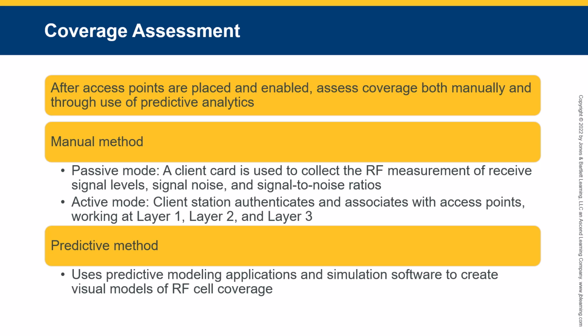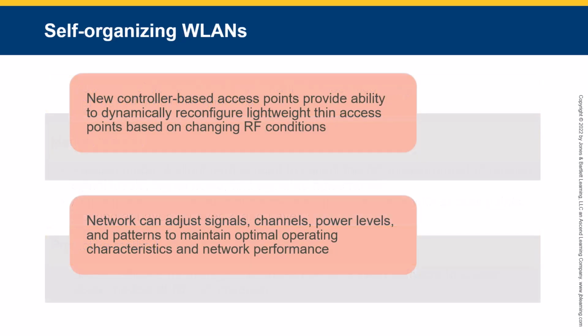There's a predictive method as well, which will use a predictive modeling application and simulation software to create your visual modeling for the RF coverage. That's way more in-depth and way more expensive, but definitely an option if you're doing this more professionally. You also have the ability to self-organize wireless networks based off of newer controllers.